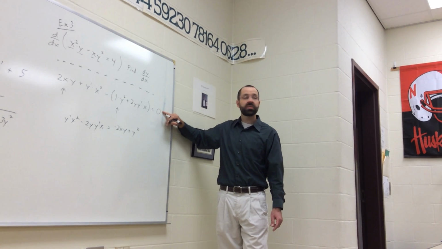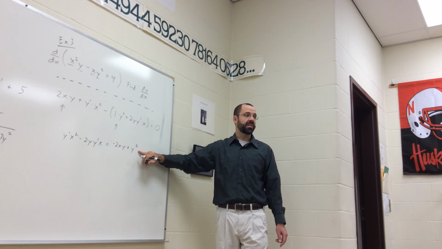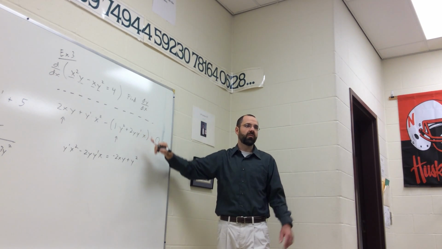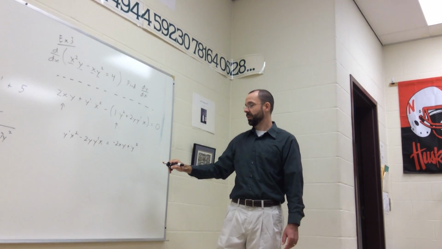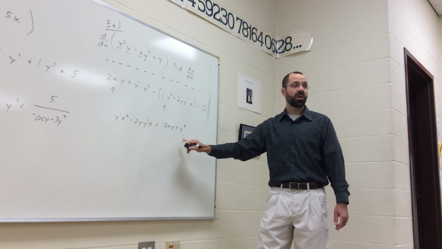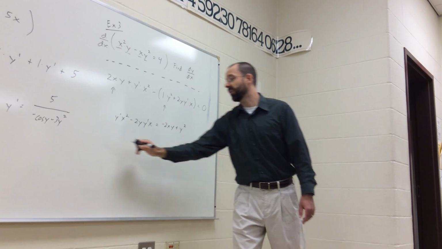So at this point, the calculus was finished, but we're trying to get y prime by itself because the direction said find the derivative. So we're looking for a formula for the derivative. So all the stuff that had y prime is on the left. All the stuff that doesn't have y prime is on the right. So now I can factor out the y prime.